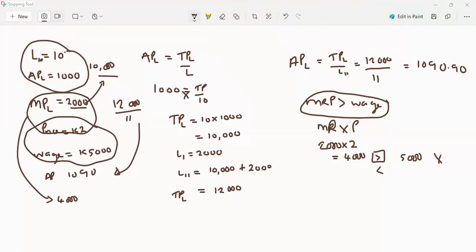Right. Now, we also want to understand that there are 3 levels of production.